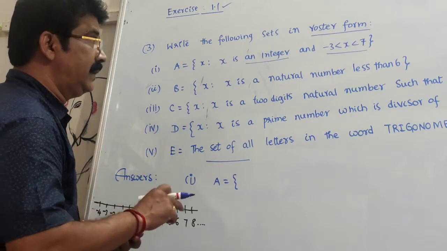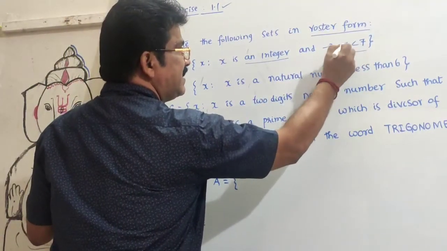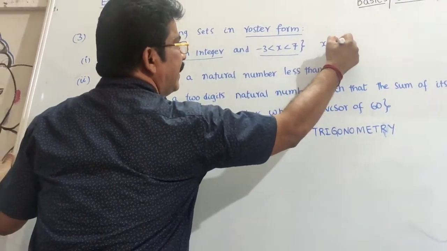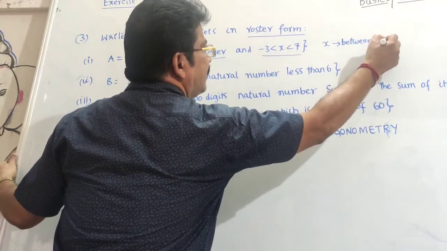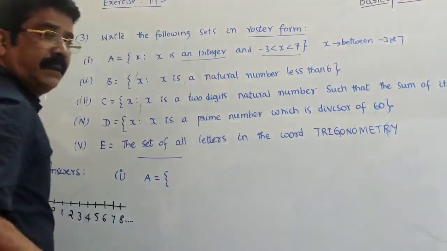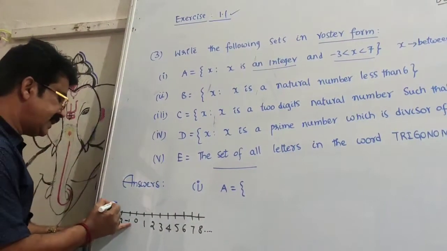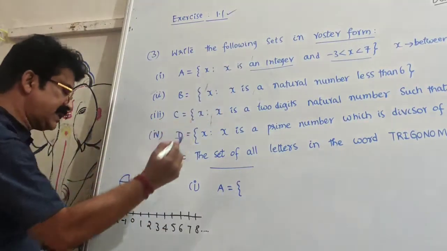Okay, next. -3 less than x less than 7 means x is between -3 and 7. Between means, already I said, except -3 and except the last number 7.